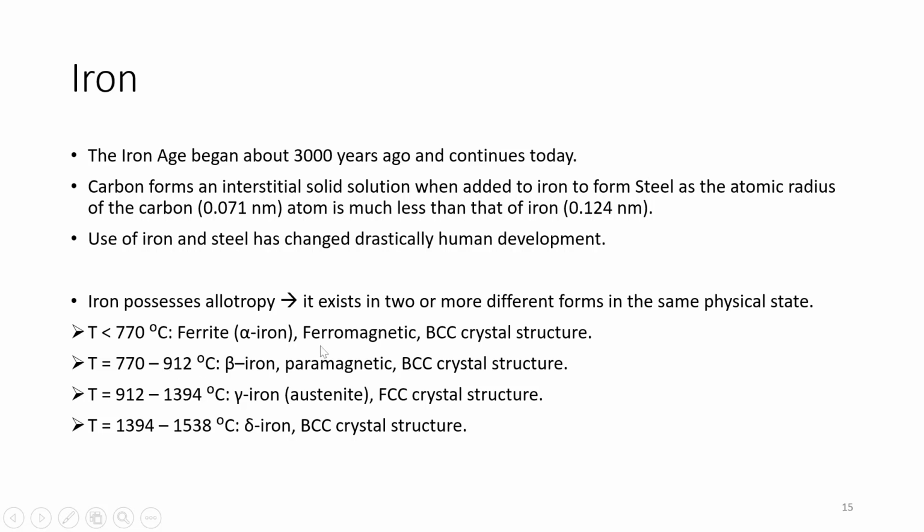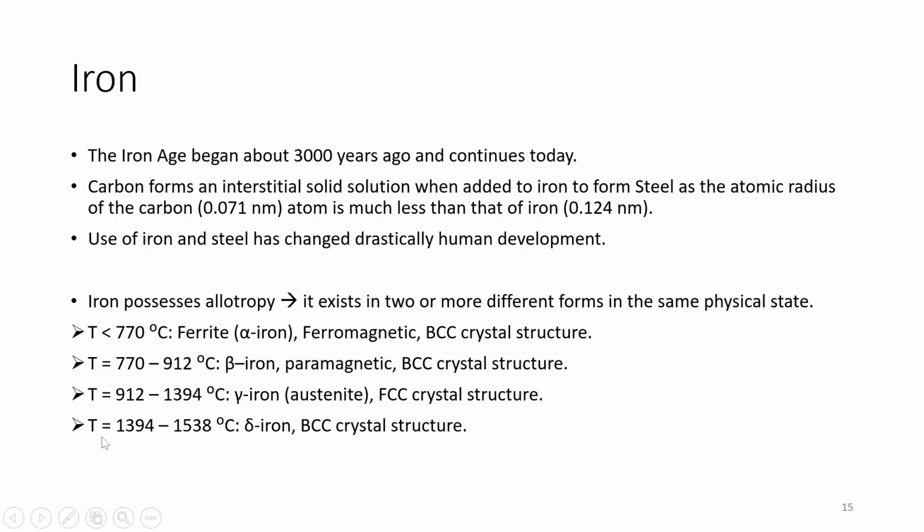Here your material will change from ferromagnetic to paramagnetic, so your iron will no longer attract magnets, and it will still have the BCC crystal structure, but it won't be ferromagnetic. And from 912 to 1394 degrees Celsius, your material will show an FCC type of crystal structure. Here it's known as austenite or gamma iron.